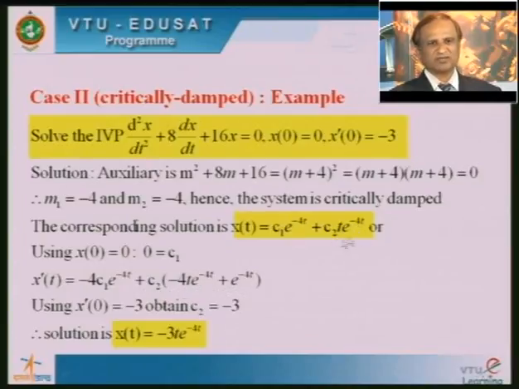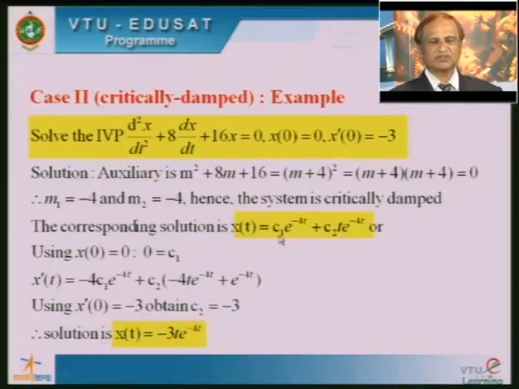So, using the product formula I can differentiate and I can obtain c2 into these two terms, is it clear, right. So, I can use the second condition, x prime of 0 is equal to minus 3, right. I am going to replace this by minus 3 and I will replace t by 0, simplify, I hope we will get c2 is equal to minus 3. It means I can obtain c1 and c2.